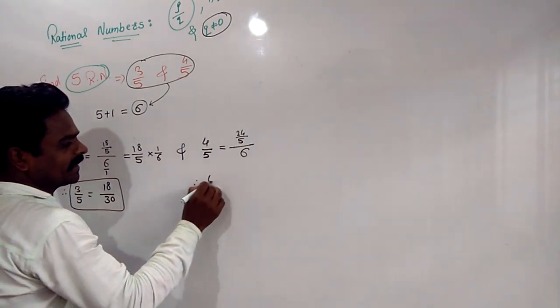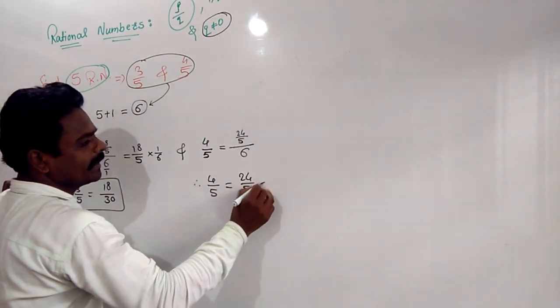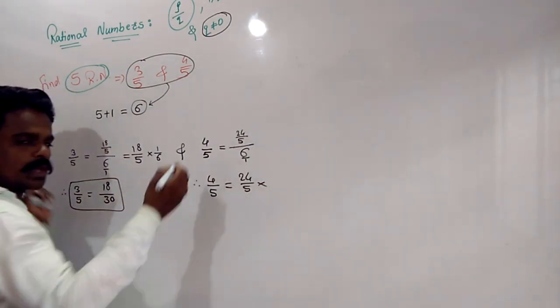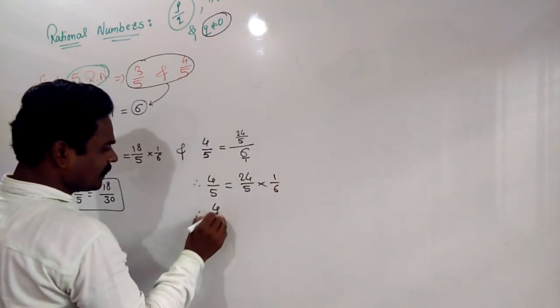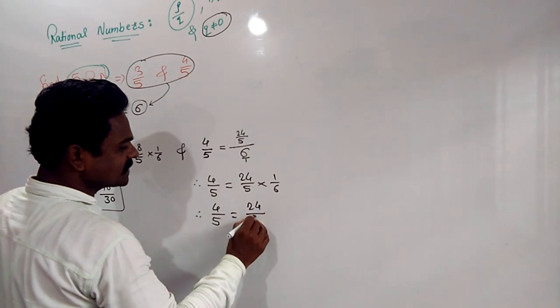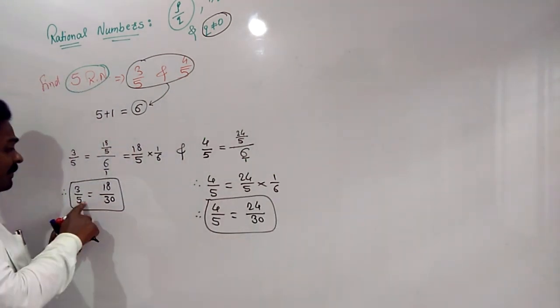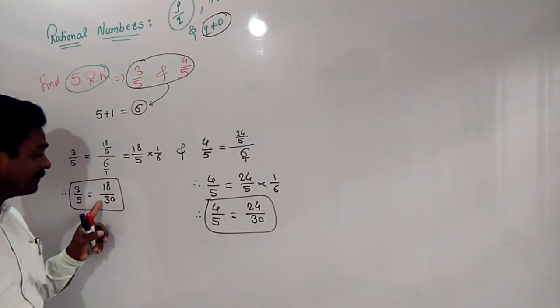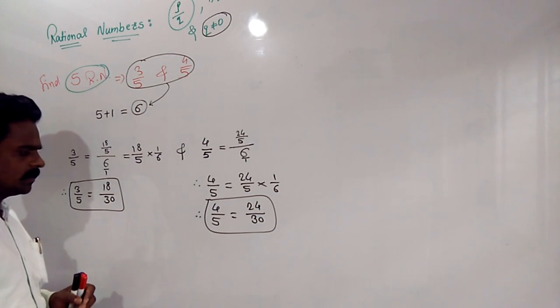No problem. Therefore we can write 4 by 5 is equal to 24 by 5 into 6 by 1. If we use the invertendo operation, it will become 1 by 6, and therefore 4 by 5 is equal to 24 by 5 6s are 30. Finish. So this is your 4 by 5. So 3 by 5 can be expressed as 18 by 30, and 4 by 5 can be expressed as 24 by 30.